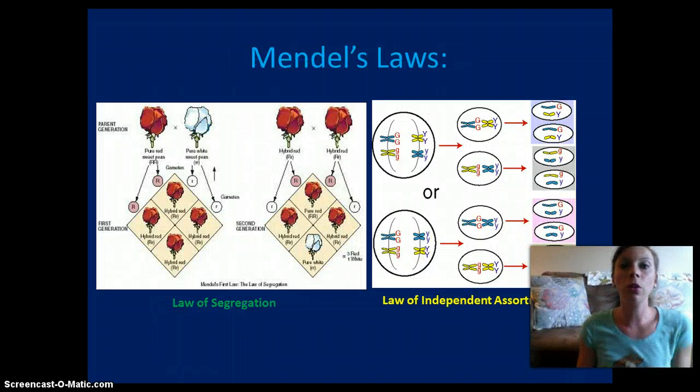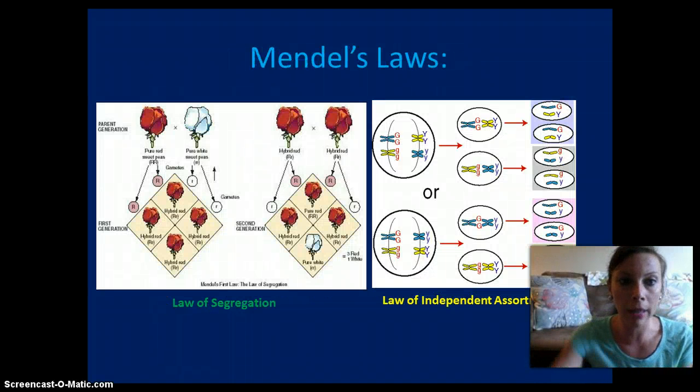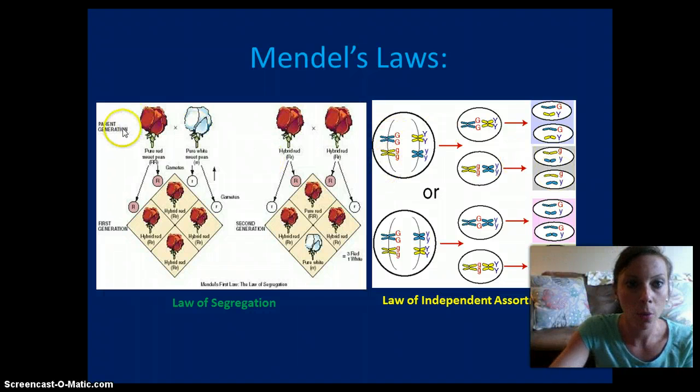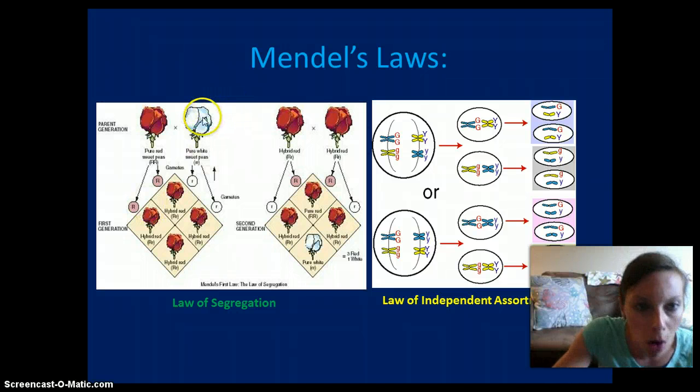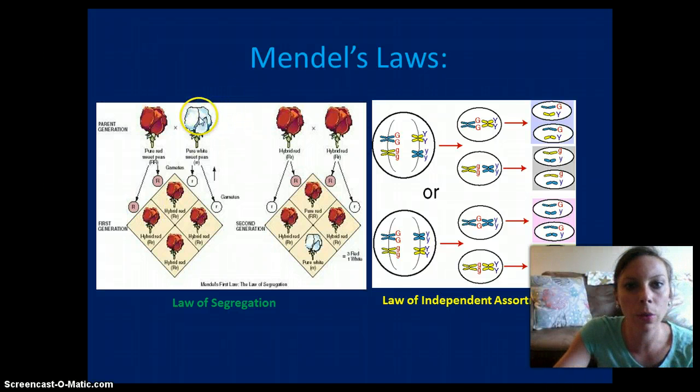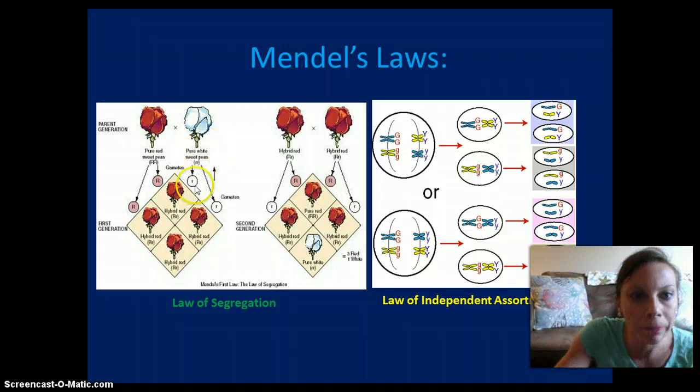So just to show you a visual of the laws, the law of segregation here, we have our red flower, which is represented here by the big R, so the red is dominant, and we have our white flower here represented by a little r.